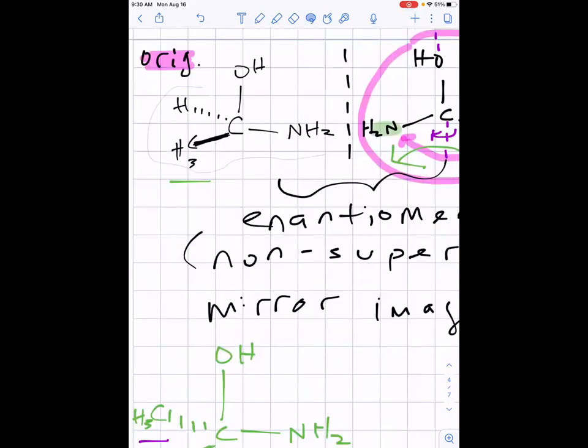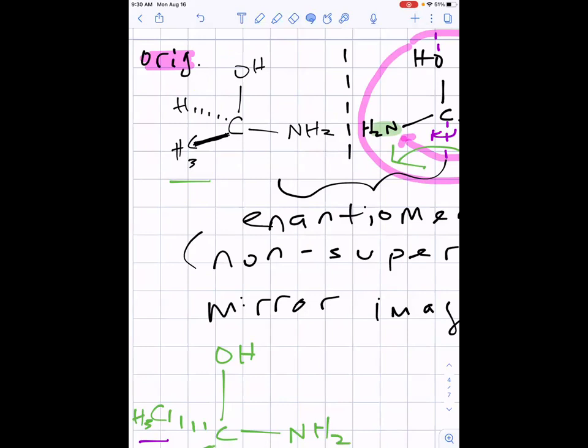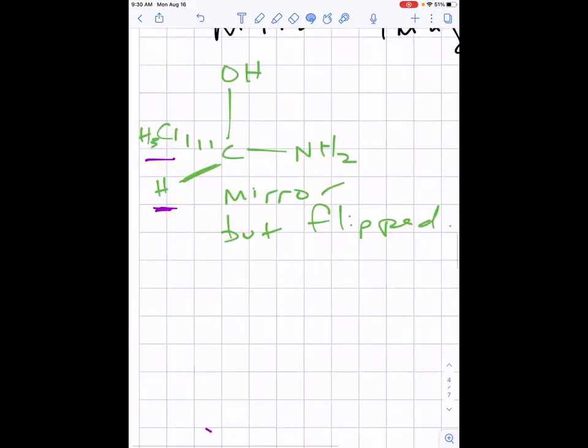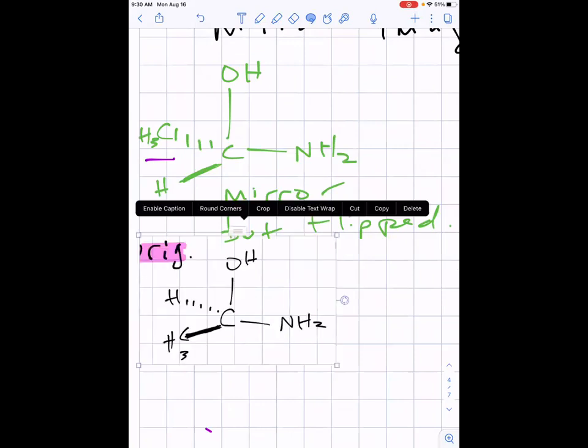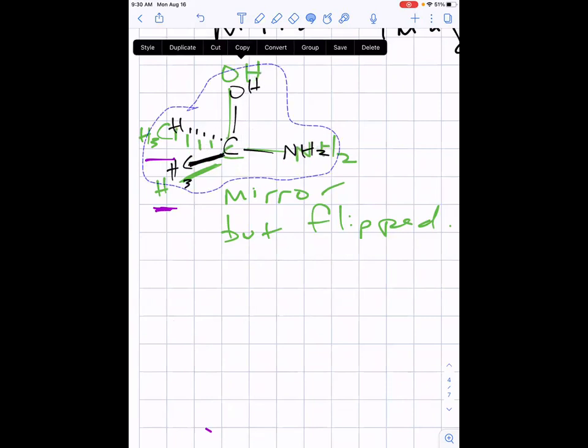One of the criteria is that you should not be able to superimpose the mirror image onto the original image. Are you following? If I paste that down here, you see that? If I took this and tried to lay it on top of this, do you see how the CH3 and the H don't match?